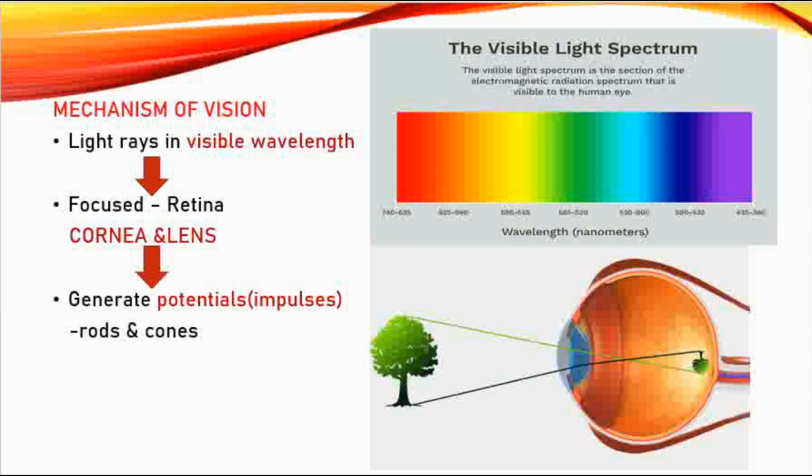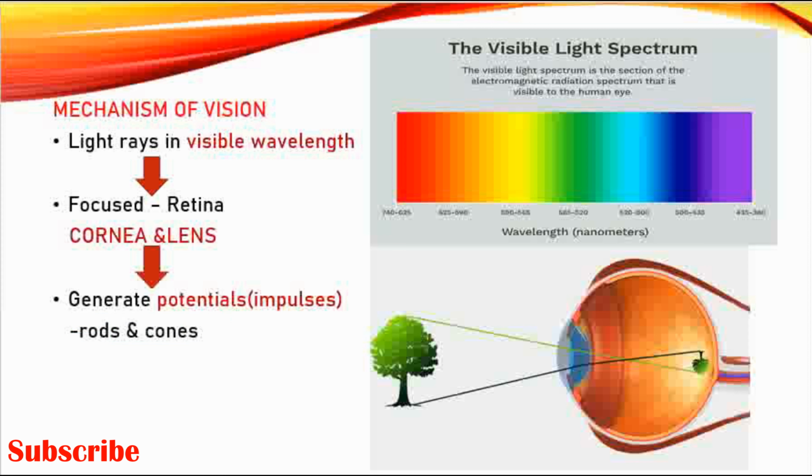In the retinal layer there are the rods and cones, the photoreceptor cells. These are the cells which generate the potential or the impulses.